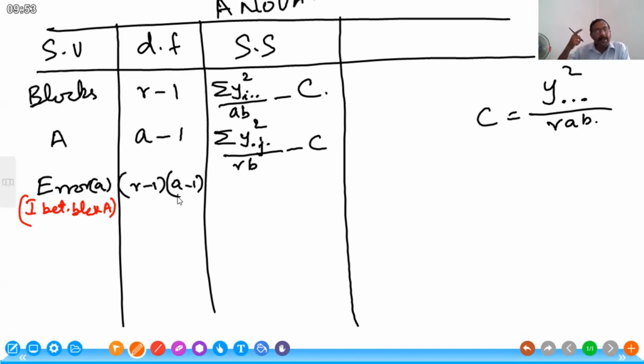Can you remember the interaction effect? How did we calculate the AB interaction in the factorial? Same thing.